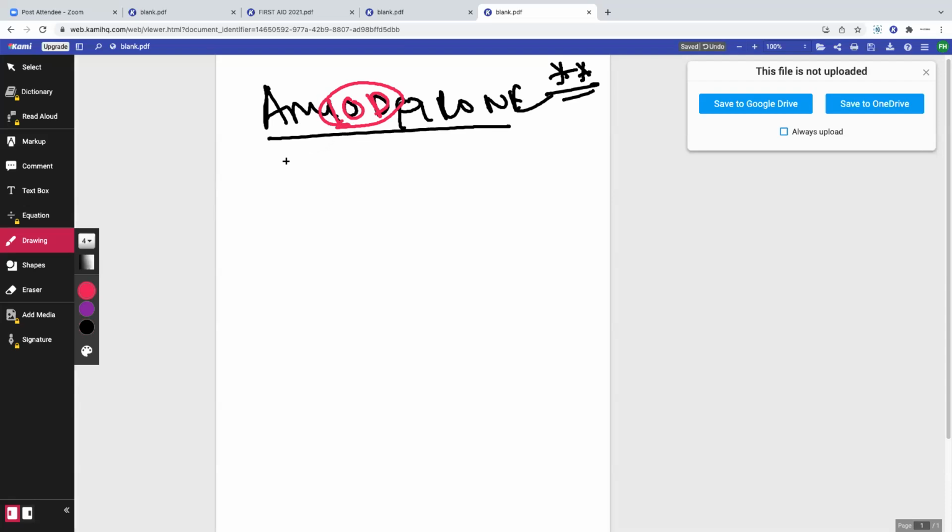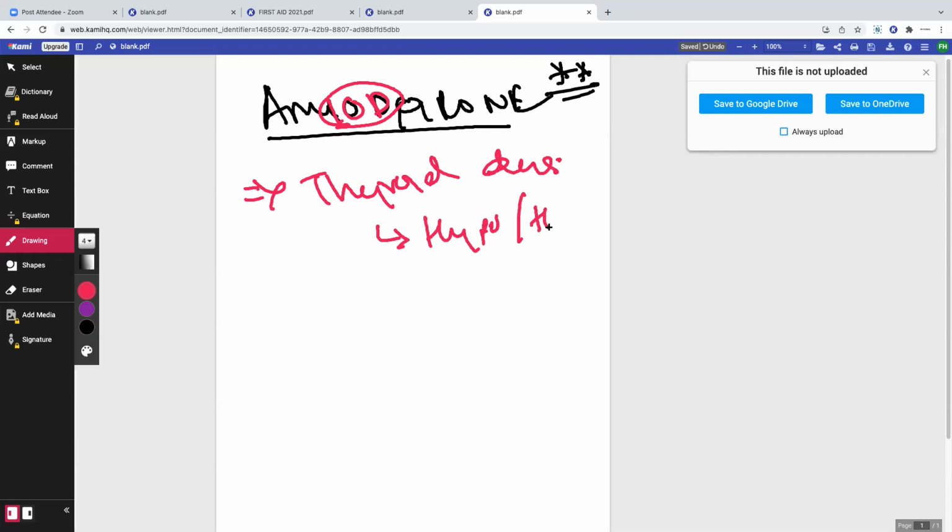IOD could mean iodine, yes or no? So amiodarone has the ability of causing severe thyroid dysfunction. This can cause either hypo or hyper. We're not entirely sure. Are we clear?